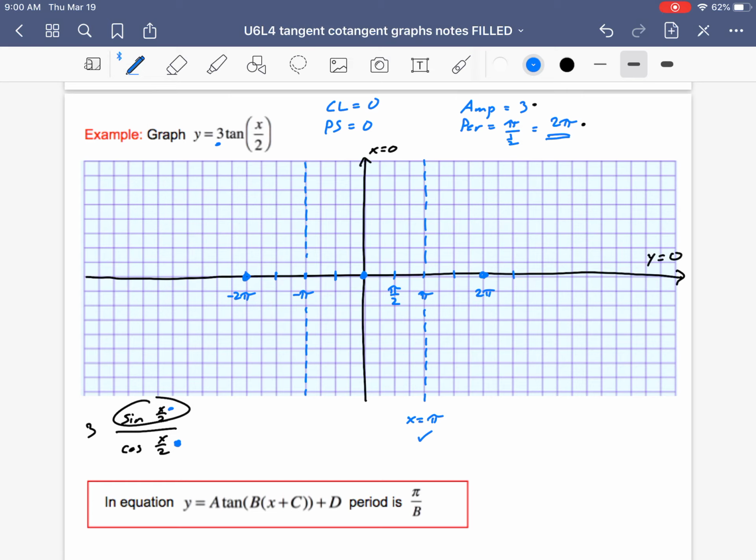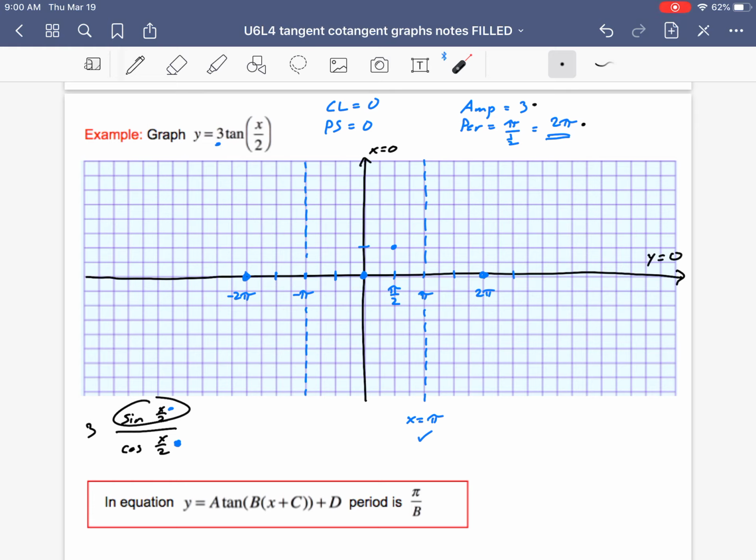Now, if I take that value and plug it in, the tangent of pi over 4 is 1. So a normal point would be here. But because we have this 3, that increases the steepness of the graph.